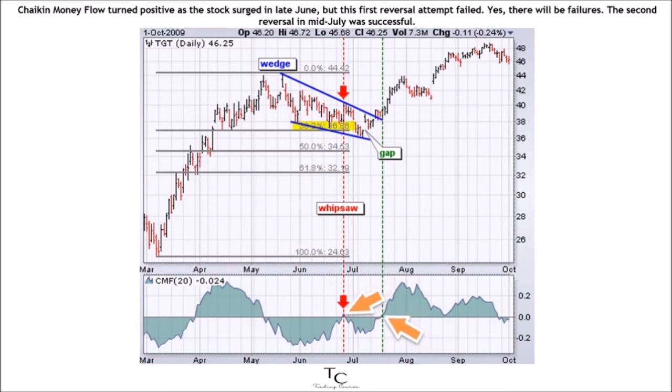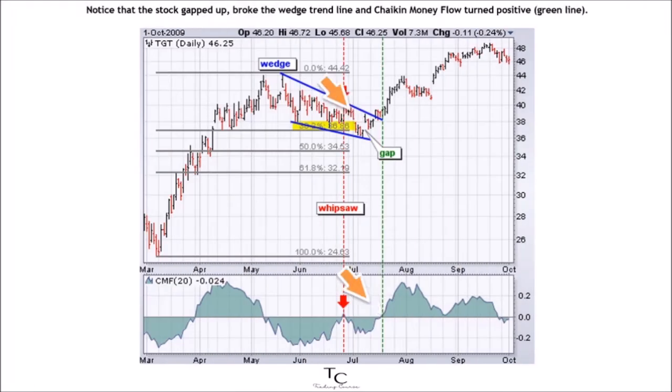Chaikin money flow turned positive as the stock surged in late June, but this first reversal attempt failed. Yes, there will be failures. The second reversal in mid-July was successful. Notice that the stock gapped up, broke the wedge trend line, and Chaikin money flow turned positive, green line.